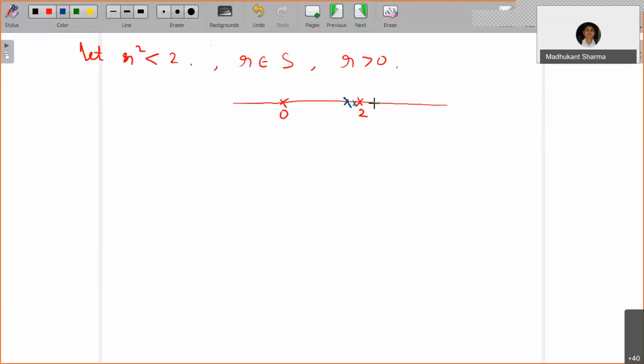There are infinitely many numbers in between. So now let's try with (r plus 1 by n) whole square. That is going to be r square plus 1 by n square plus 2r by n.